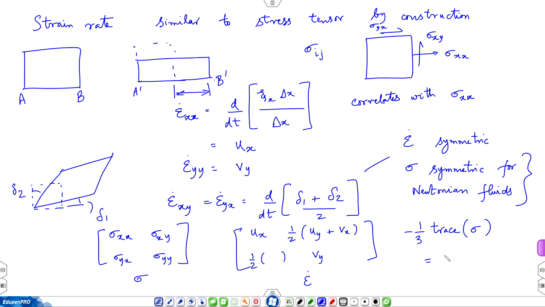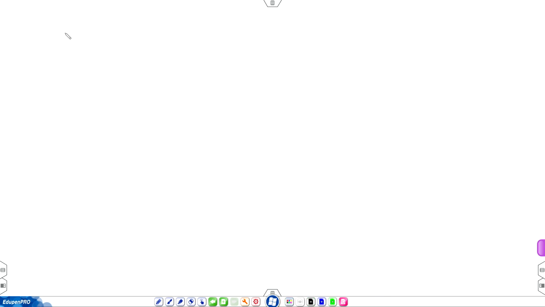How much was sigma I? We wrote that expression. What are the diagonal terms of sigma? Pressure. Remember that? So, let us start on a fresh page.